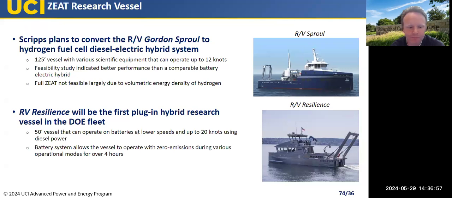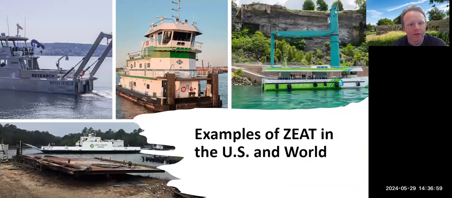Next slide. So those are the California examples, and this is by no means a comprehensive overview of every project in the US and world, but these are some relevant projects that I think are interesting and can be potentially extrapolated to some California examples. Next slide.